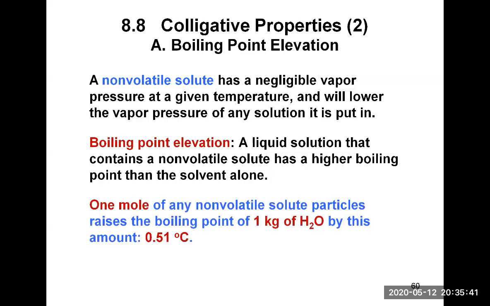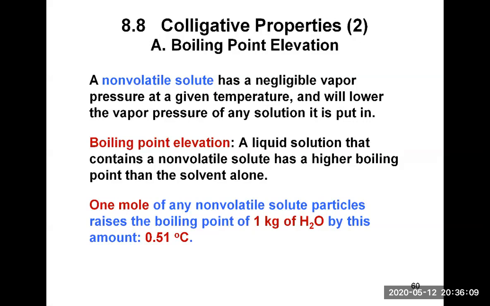It is well known for water how much the boiling point is elevated. 1 mole of any non-volatile solute particles raises the boiling point of 1 kilogram of water by this amount, 0.51 degrees Celsius. So we will only look at water as a solvent in this case.